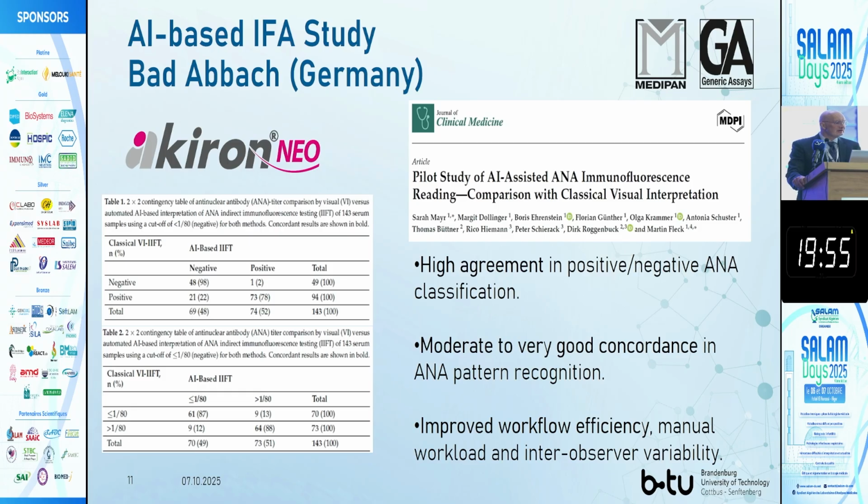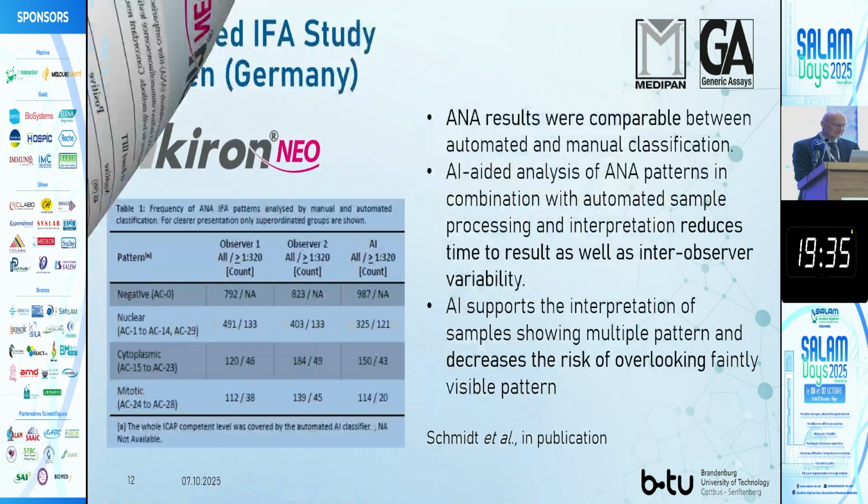So for that reason, I think such systems like the Akai Neo with the artificial intelligence-based software are a wonderful aid in routine diagnostics in order to alleviate the lack of experts in these laboratories.